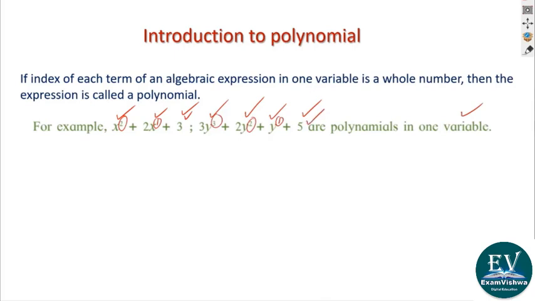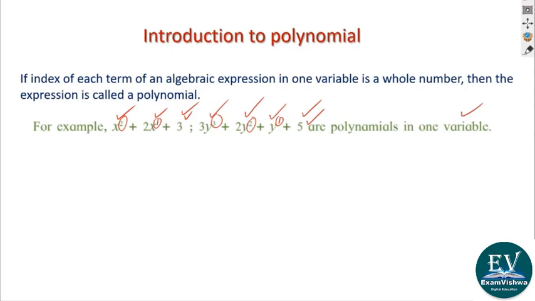There is a system by which we write the polynomial in decreasing order of the index of the variable. More about this you will study in 9th standard. What you studied in 7th standard will be used here for understanding how we do the division of polynomials.